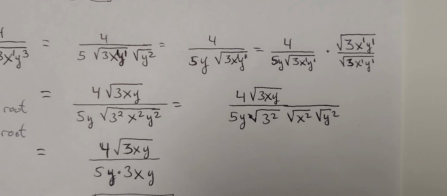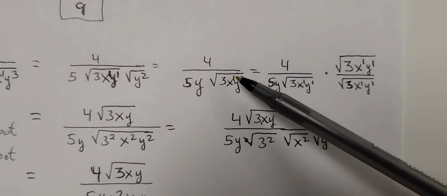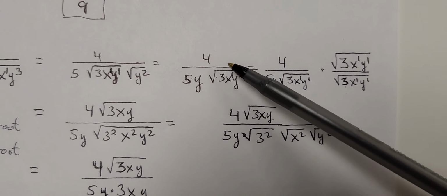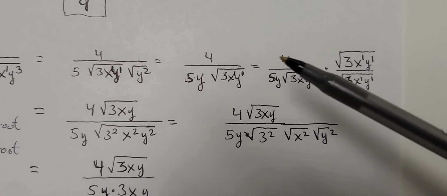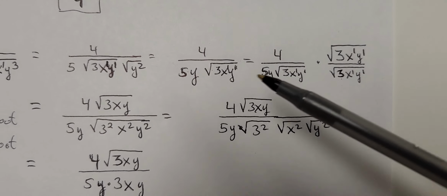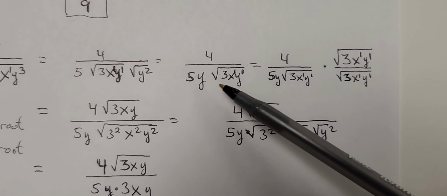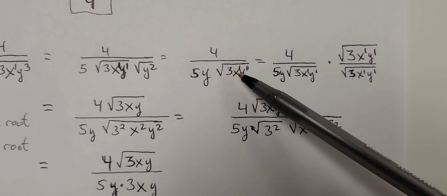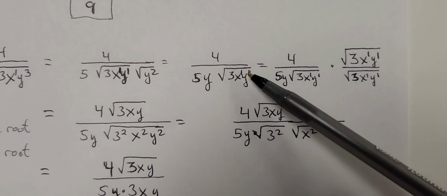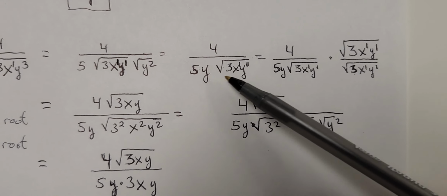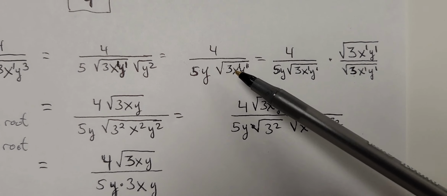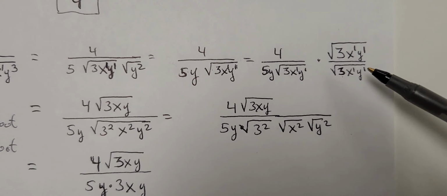However, I don't want a radical in the bottom, so I am going to rewrite the entire problem here, and then after that only rewrite the radical. One more time, only rewrite the radical where I am circling. Rewrite that for the top and also for the bottom.